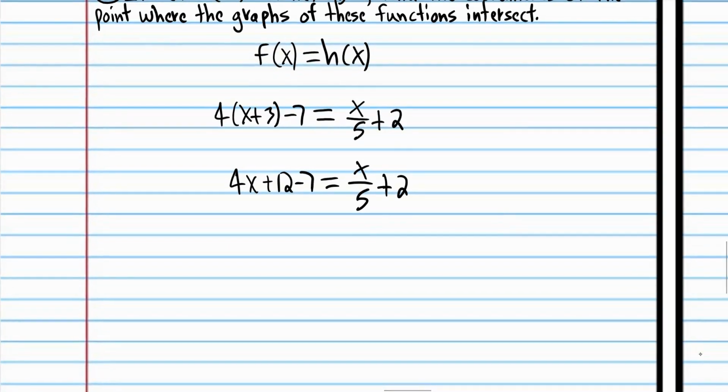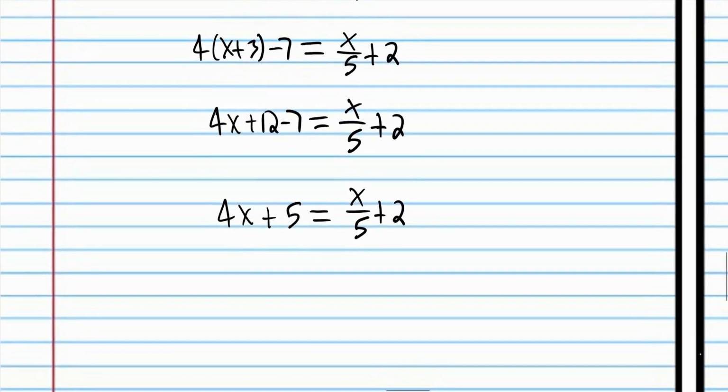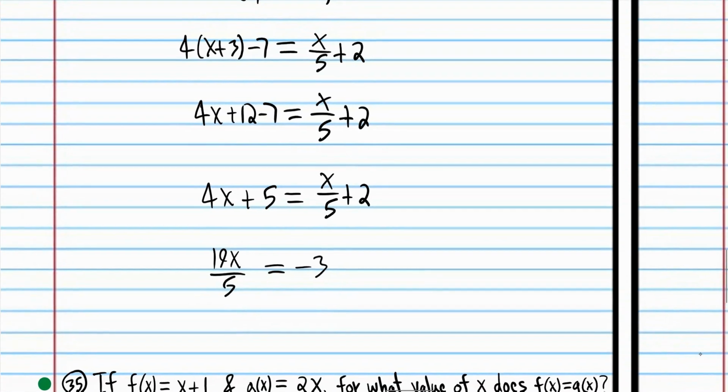Then we're going to simplify, so we have 4x plus 5 is equal to x over 5 plus 2. Then we're going to subtract x over 5 from both sides of the equation, and we get 19x over 5. And we're going to subtract 5 from both sides of the equation.